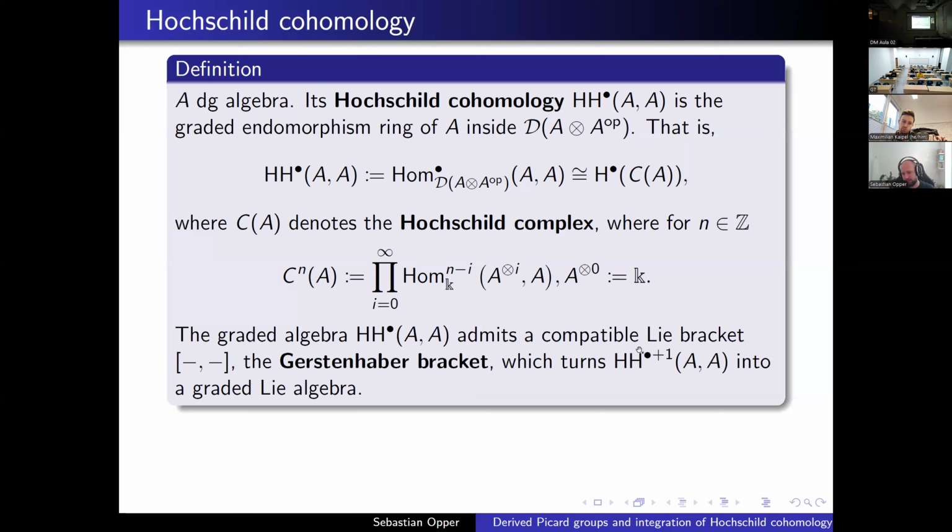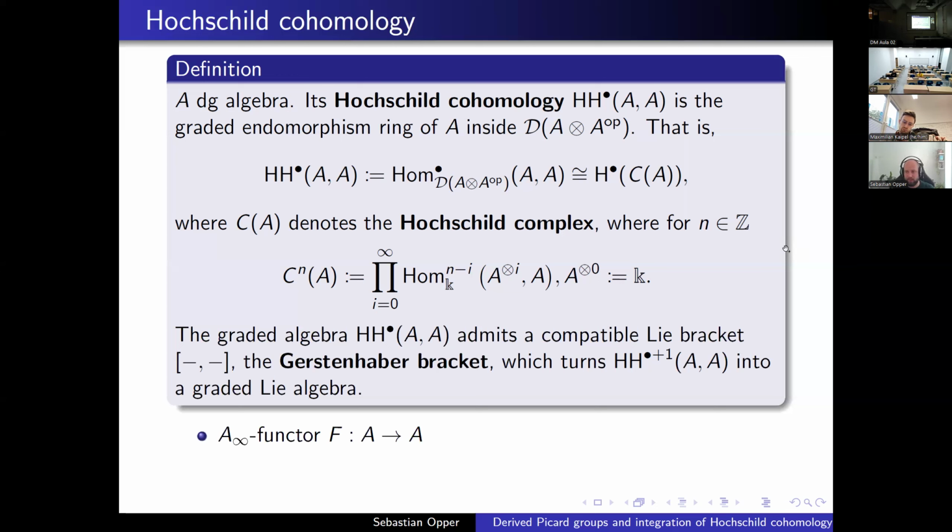So for example, if you take the bracket of two elements in the first Hochschild cohomology, you don't get something in degree 2, but again something in degree 1. So with respect to this grading, this will be degree 0, and this is why you have to shift. We'll see everything a bit more explicitly a bit later on, but for now this is just the overview. This is the general structure.